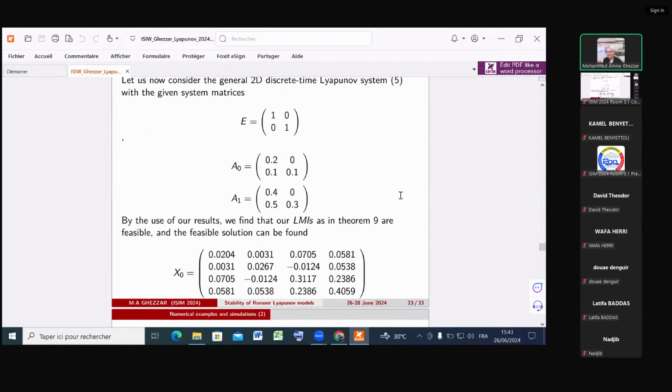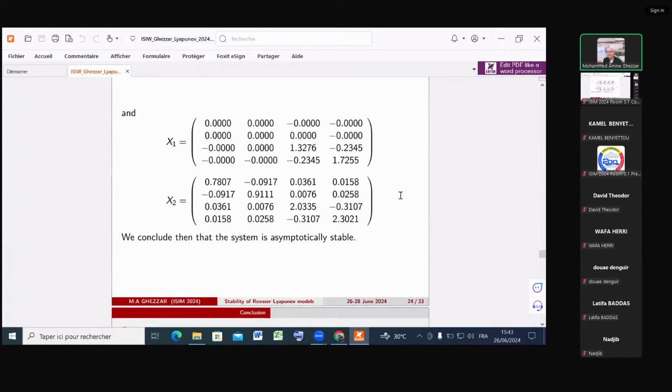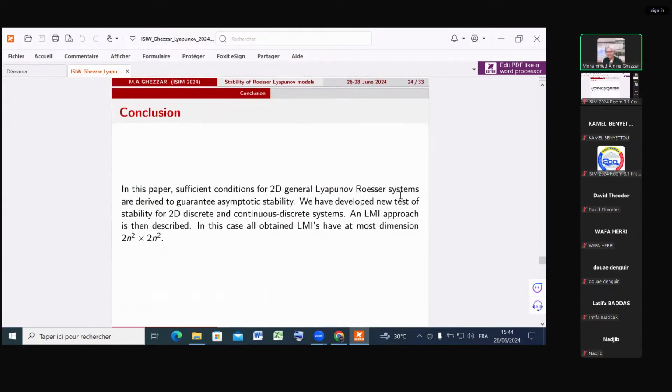For the second example for E, A0 and A1, we have the stability test, and it confirms that the system is stable. In conclusion, sufficient conditions for 2D general Lyapunov systems are derived to guarantee asymptotic stability. We have developed a new test of stability for the discrete and continuous time.